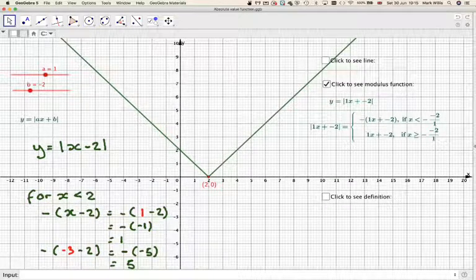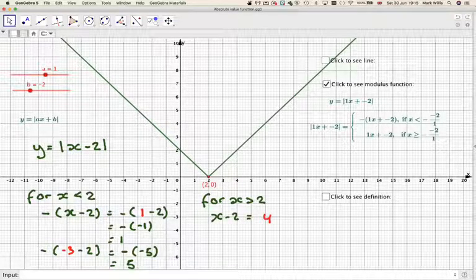If I did x is equal to 4, where it is now positive, this will be the case where for x greater than 2, it will just behave as x minus 2, and therefore I would just have to work out 4 minus 2, which gives me the value of 2. And you can see when x is 4, y is 2. So this is how the absolute value function works.